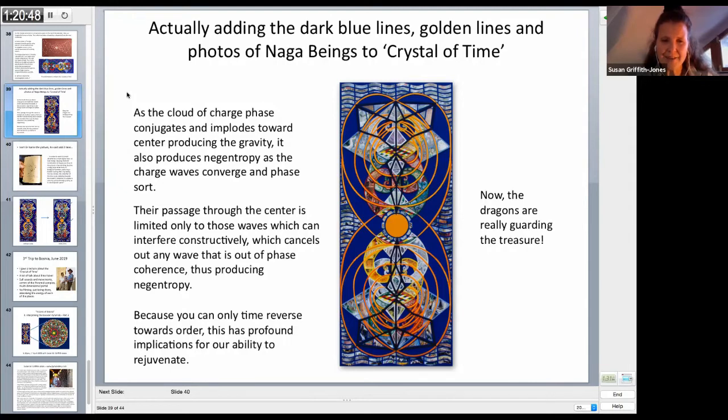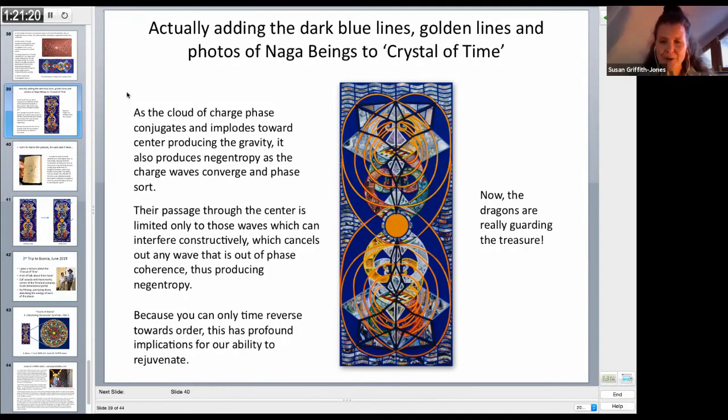So at death, when we die, we will only carry with us the waves that are producing good vibes, in other words, rather than those which are creating negative aspects. Because you can only time reverse towards order, this has profound implications for our ability to rejuvenate.